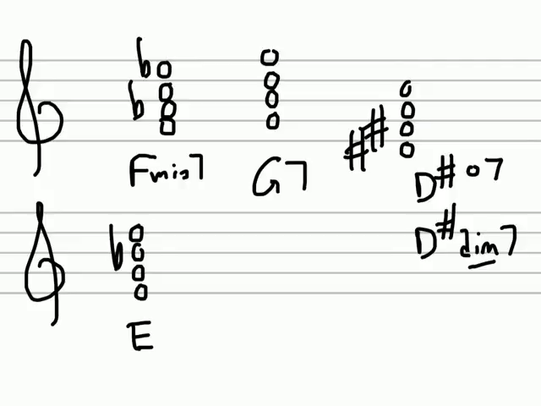In the last case, we've got a diminished triad and a minor seventh. That's our half diminished seventh chord. But we have to write it this way: E minor seventh, flat 5, or lowered fifth.